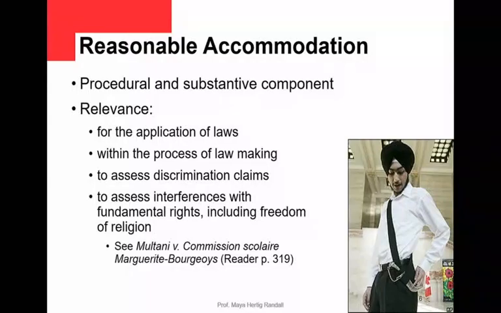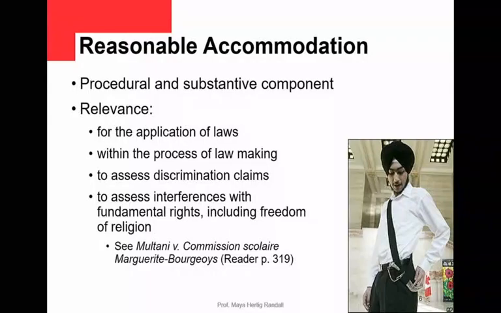But let's say generally, it's quite an exceptional case, the Multani case, as it was a freedom of religion case and not an equality case, but we can still see how reasonable accommodation plays a role there. I was arguing that was more for the Swiss context.